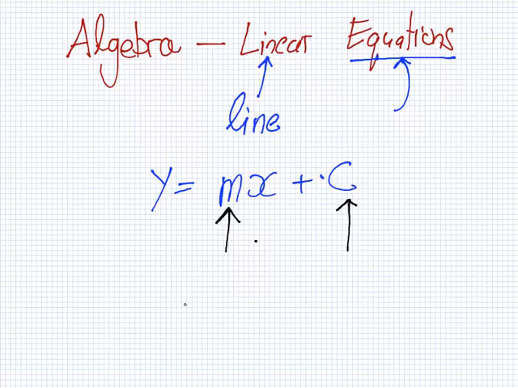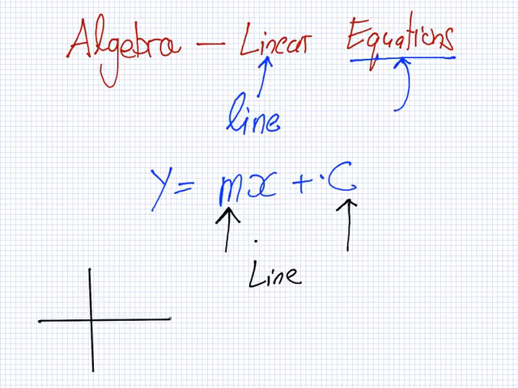Right, so this equation actually represents a line when we draw it on this type of graph. Do you remember these graphs? What's this one? X, and this one Y, and this here makes a line. So before we look at that, we'll just do some vocabulary here.